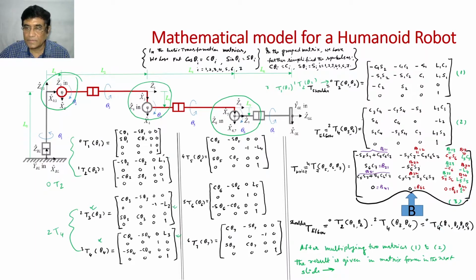So you get the transformation matrix for the elbow with respect to the shoulder. This is a very important matrix, and we will be using it again afterwards. I am calling this matrix B, and these are the elements.